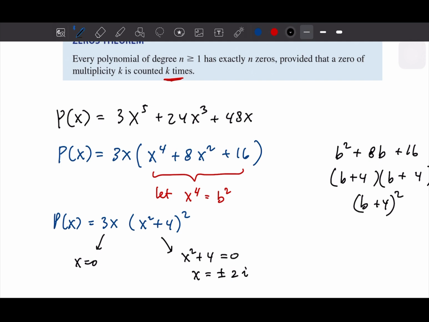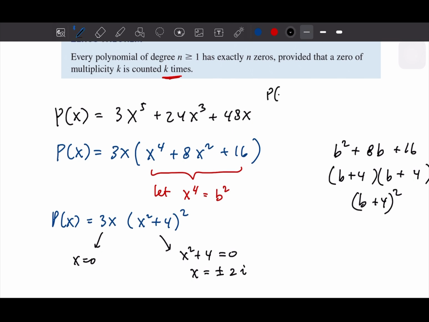And we could also take p of negative x. But I think we could check with this. Okay, interesting. This is, and no negative zero. Interesting. I think we could confirm through the Descartes rule.